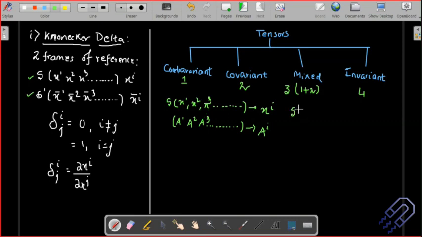In another frame of reference, the system is x bar 1, x bar 2, x bar 3. I'm taking a general case, so don't get confused here.